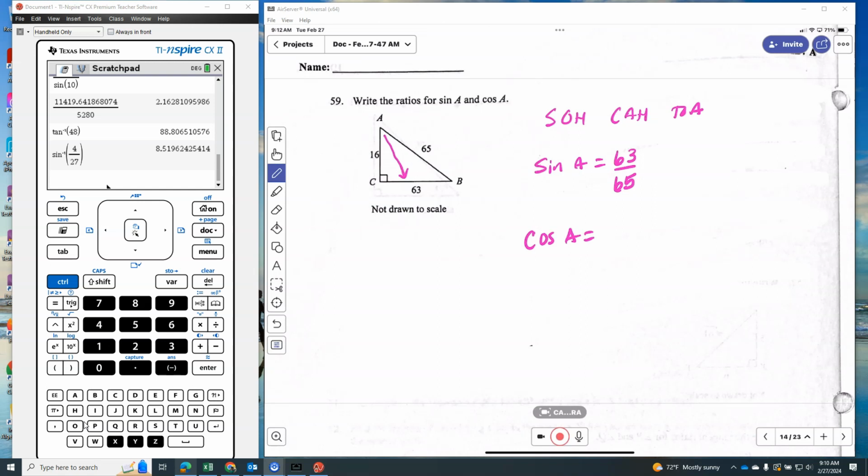So cosine is adjacent, in this case this is adjacent, and this is your hypotenuse. So adjacent is 16 over hypotenuse, which is 65. And I think you can simplify the first one, I think it's divisible by 3. No, it's not divisible by 3. So we leave it like that.